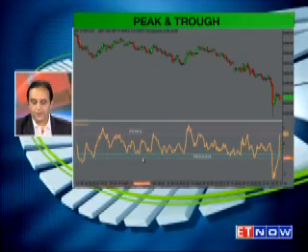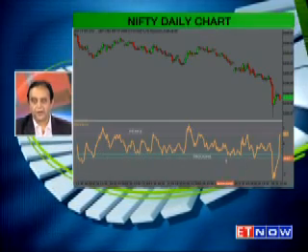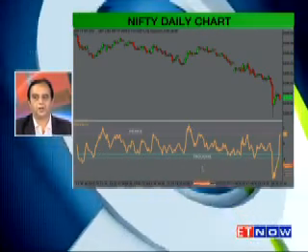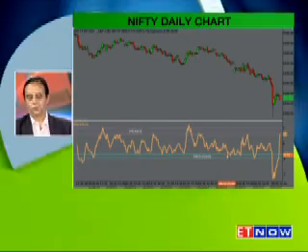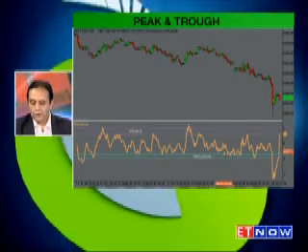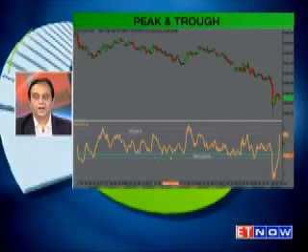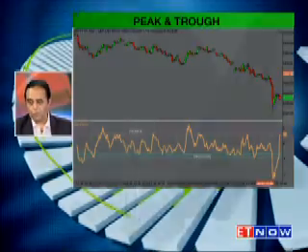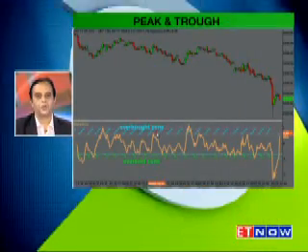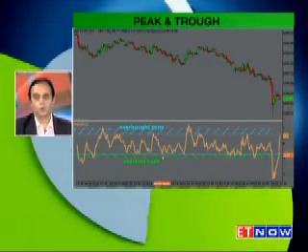And very similarly, at these lower levels, it forms a trough in the plot of the oscillators. So these are the levels that we look at as being overbought or oversold. Now the areas which we had in the previous chart marked as the peak and the trough are the ones which we call the overbought zone or the oversold zone.